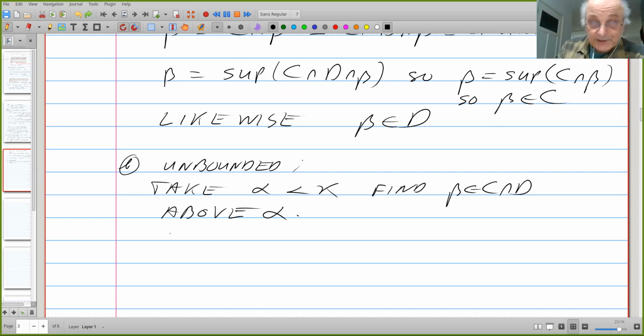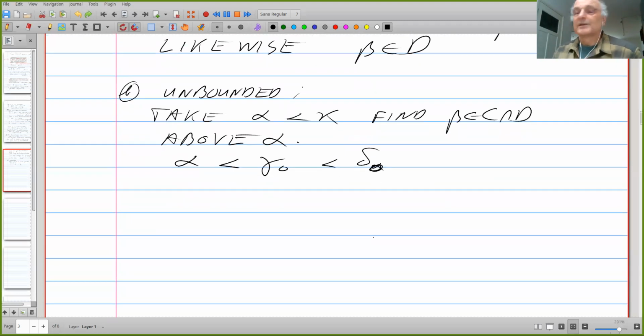And all of this because we are working in an uncountable regular cardinal. We have alpha. Now, C is closed and unbounded. So we take the minimum of the members of C that are lying above alpha. So gamma 0 is the minimum member of C that is bigger than alpha.